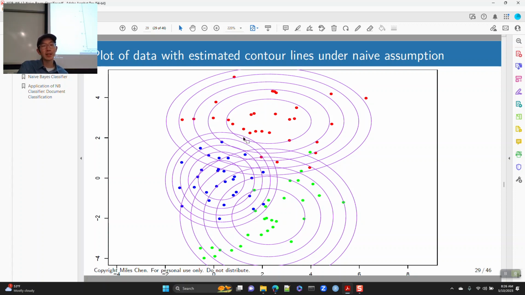For red and blue, it's not that big of a difference. For the green one, we can see this is kind of wrong. So it's treating x1 and x2 for the green distribution as independent when there's high covariance in real life.